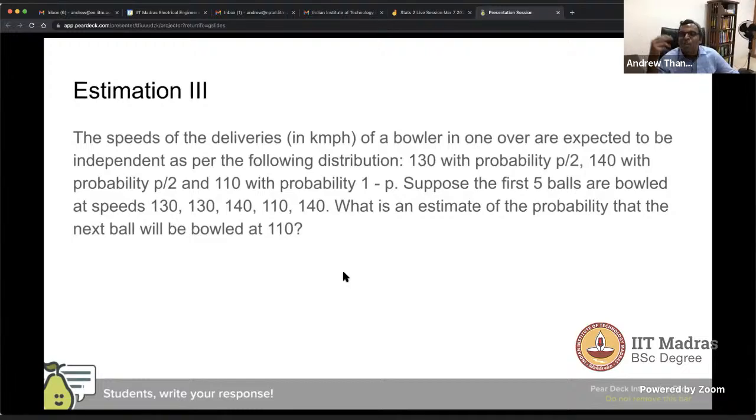So you have to sort of figure out what to do with those things. But that aside, this is the method here. Once you fix the model, once you're happy with the model, you say independent with this distribution is what I think is a good fit for how a bowler bowls one particular over, then that's fine, right? You just execute. That's the drill, that's the grind that you learn as part of stats 2. It's important.